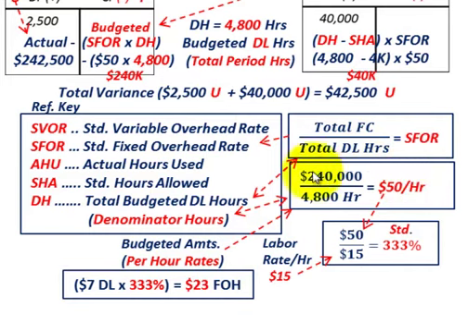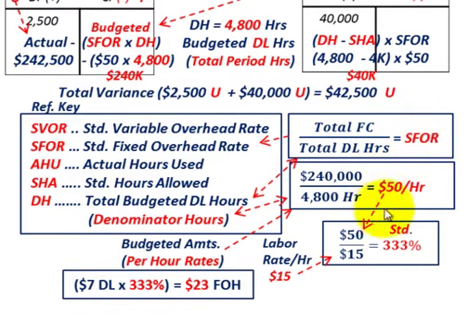Say for our example, our total fixed cost was set at $240,000, and we determined our budgeted total labor hours through this department would be 4,800 hours. The division gives us $50 per hour as our standard fixed overhead rate.